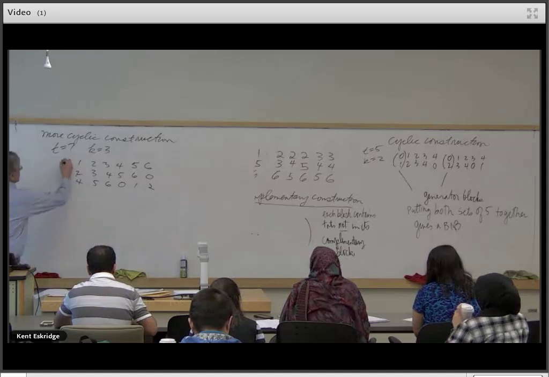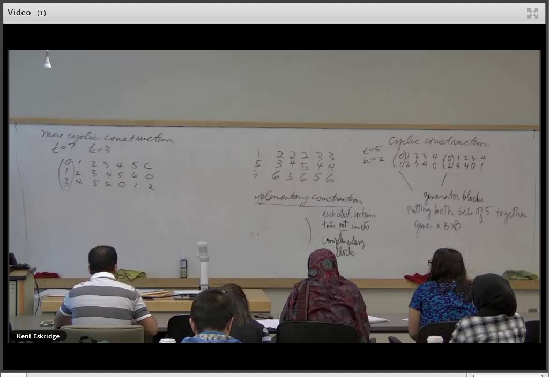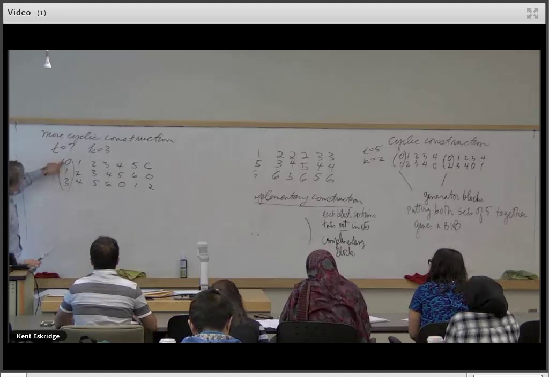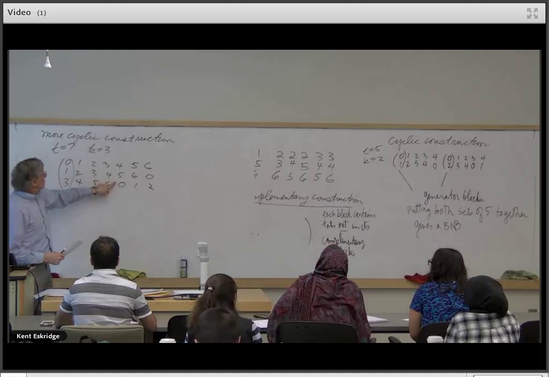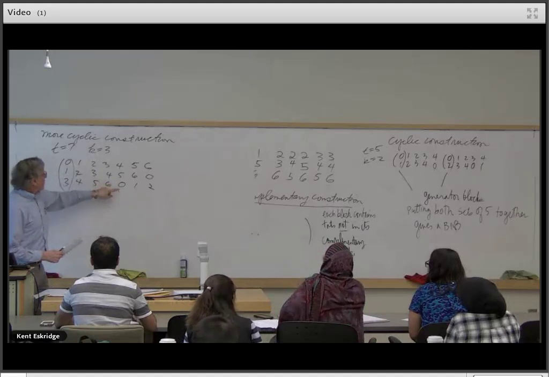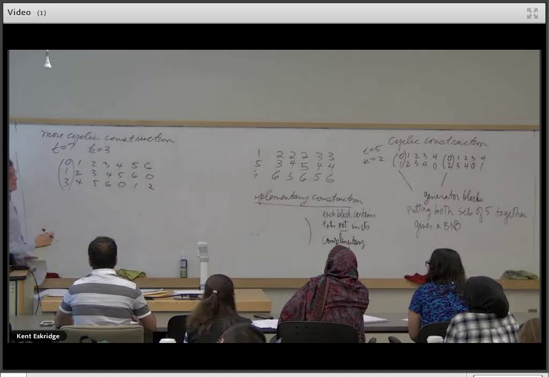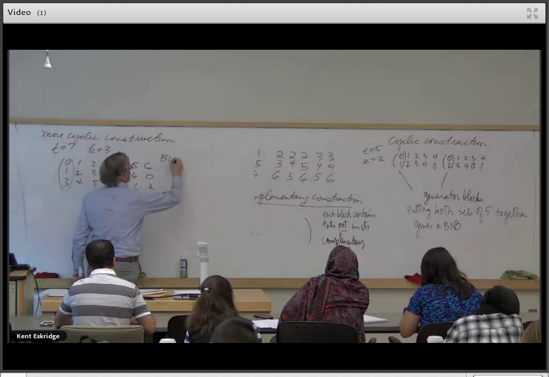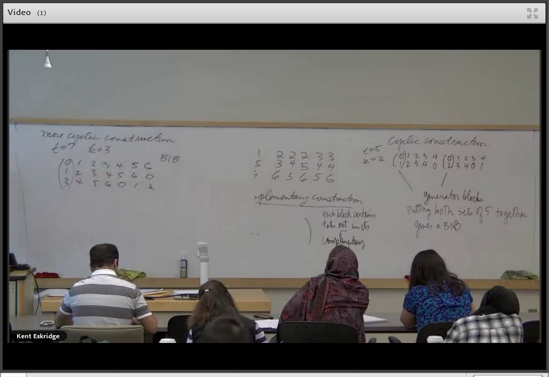Okay. This is my generator block. Now, is that a BIB? 0 is with 1, 0 is with 3, 0 is with 4, 0 is with 5, 0 is with 2, 0 is with 6. All one time. This is a BIB. Right? That's a nice design. Okay.